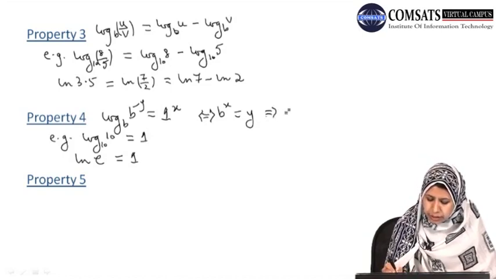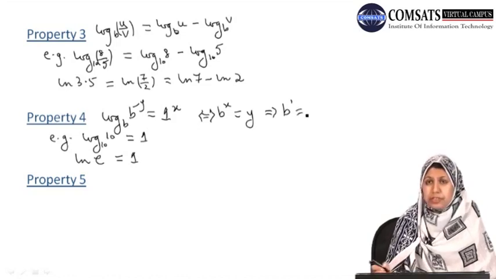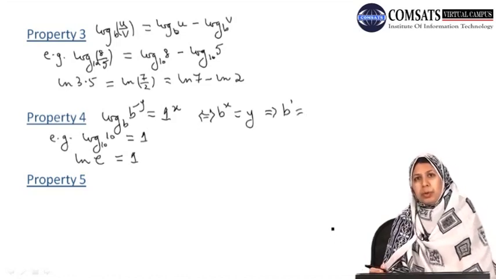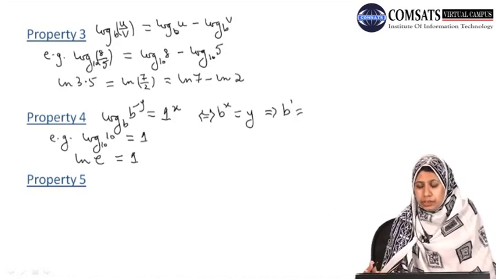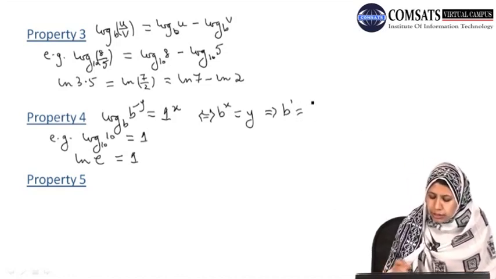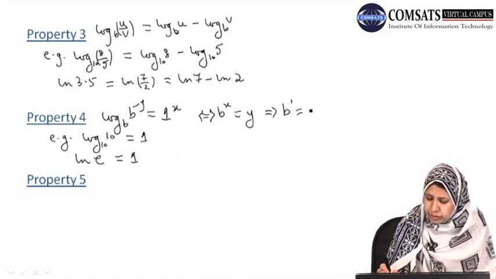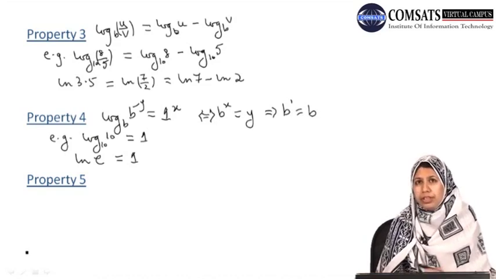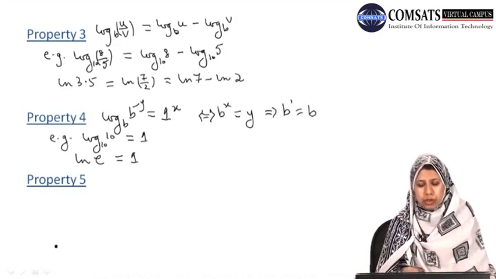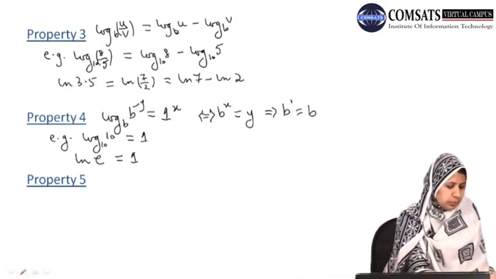This implies that b to the power 1 is b, again by using the property of exponents, that any number raised to power 1 is the same number, and the right hand side y is b. So this verifies that log of any number with the same base is always equal to 1.